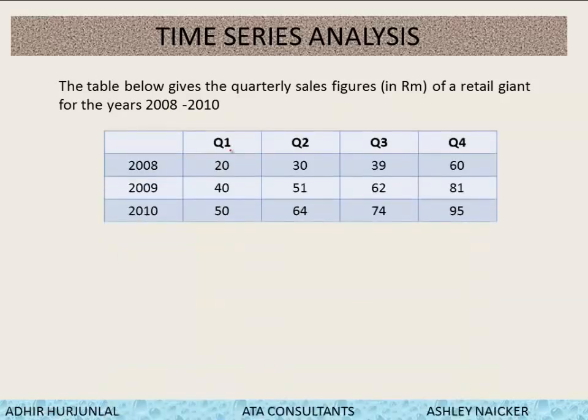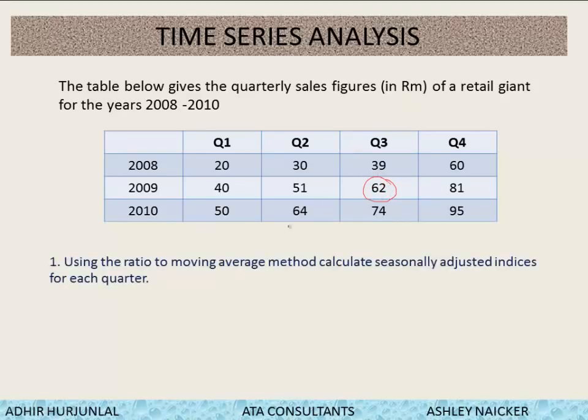Normally in a question like this, you'll be given a table: 2008, 2009, 2010. The quarterly sales figures are given. The year is broken up into 4 quarters, namely quarter 1, quarter 2, quarter 3 and quarter 4, and at the bottom here will be the sales figures. For example, the sales figure for quarter 3 of the year 2009 is 62, and obviously 62 million.